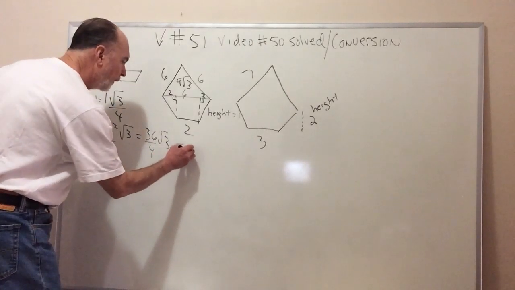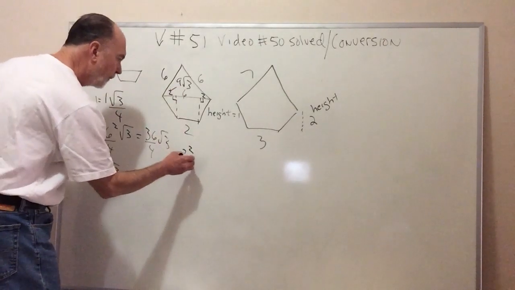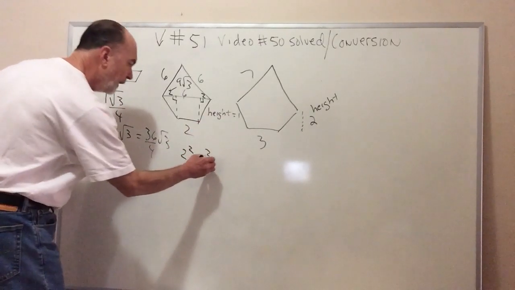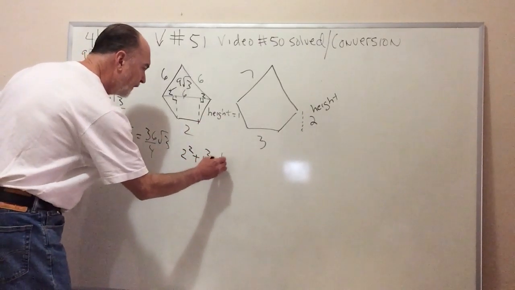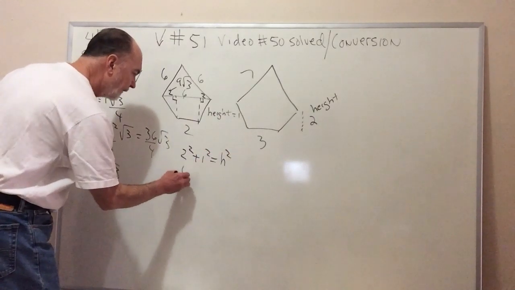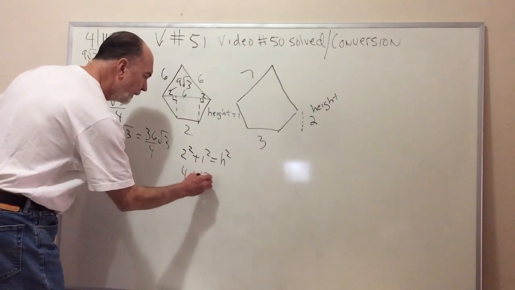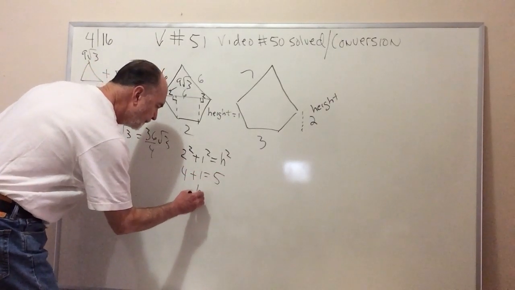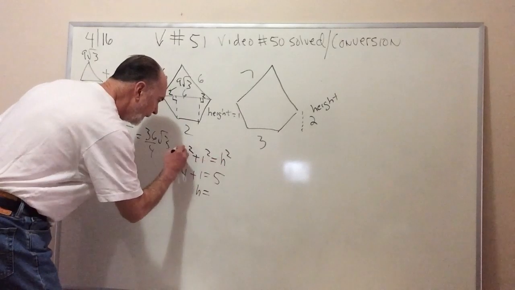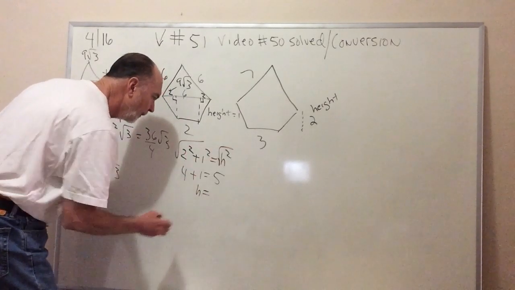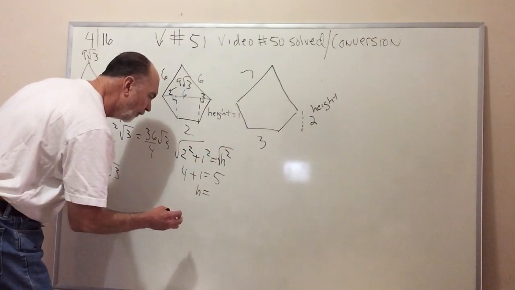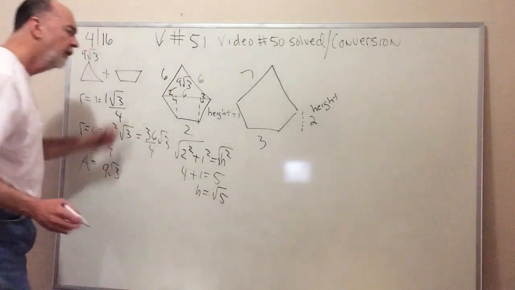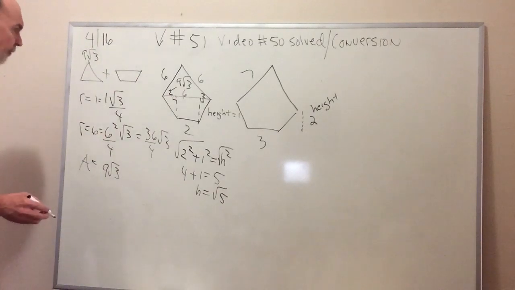I have 2 squared, that's this side, plus 1 squared, a number I just arbitrarily gave it, and that equals the height squared. And then that's 4 plus 1 equals 5. So the height, since we're taking the square root of each side, is radical 5.